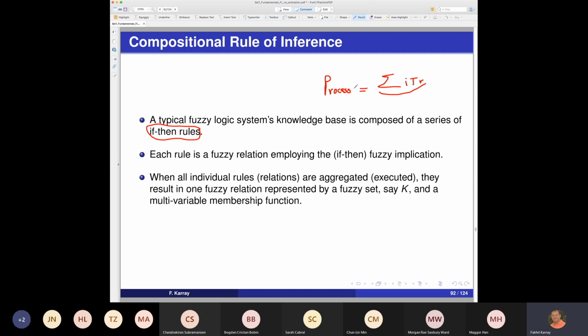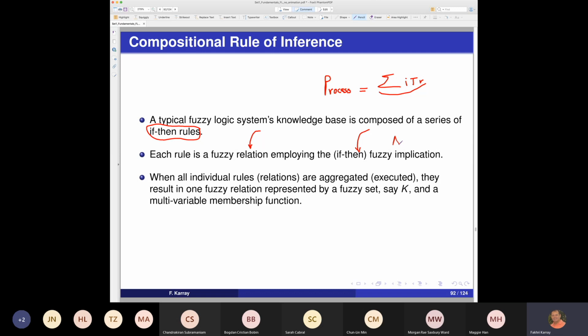So we are building a model based on knowledge that we gathered from experience, and this model is composed of a set of if-then rules. Once this model is built, we can do prediction, similar to what we have seen in neural networks and interconnection modeling. Each fuzzy rule is going to be a fuzzy relation. Remember, we have defined the fuzzy relation, and that fuzzy relation is going to be if antecedent, then consequent.